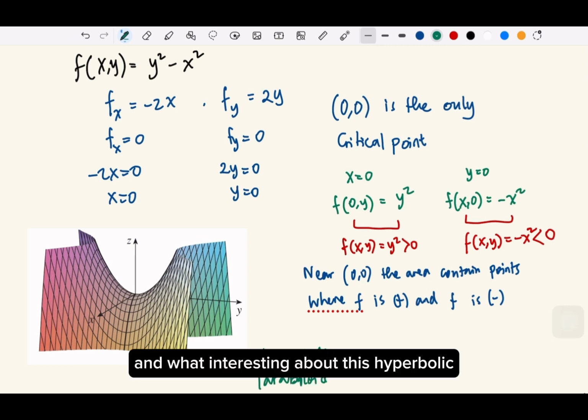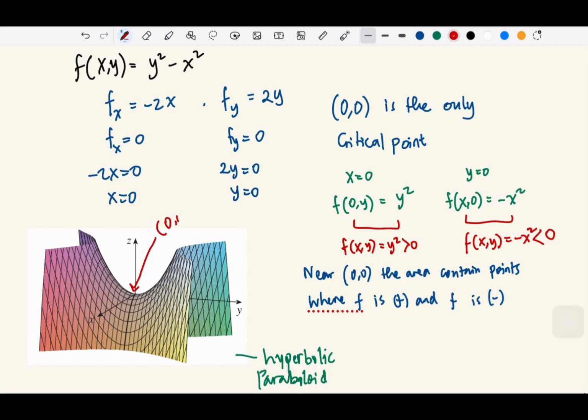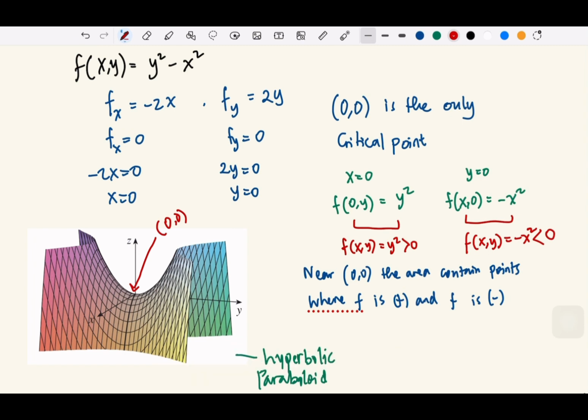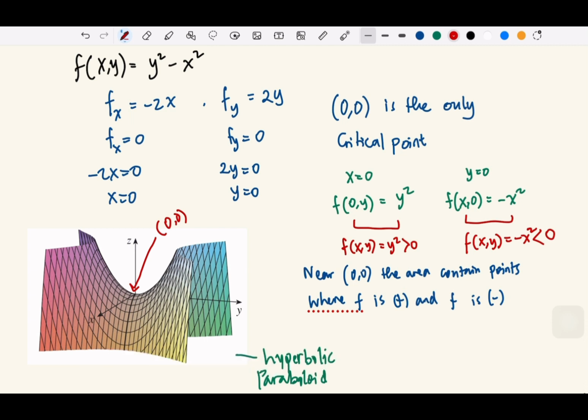What's interesting about this hyperbolic paraboloid is only 0, 0, which is in the middle here. If you see from this picture, I hope it's clear. It's like a saddle when you ride a horse. So this point is not maximum, it's not minimum.